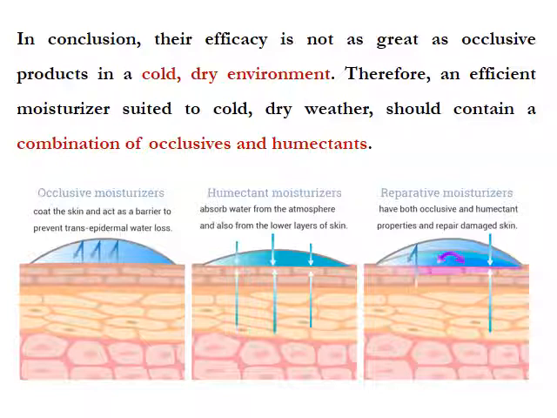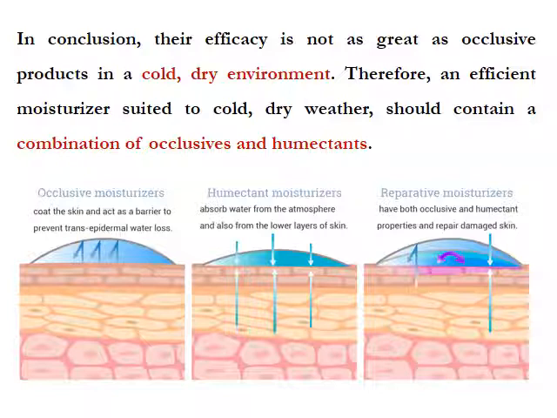In conclusion, the efficacy of humectants is not as great as occlusive products. Occlusive products act as a barrier to prevent the transepidermal water loss. On the other hand, humectants absorb water from the atmosphere and from the deep skin tissues.